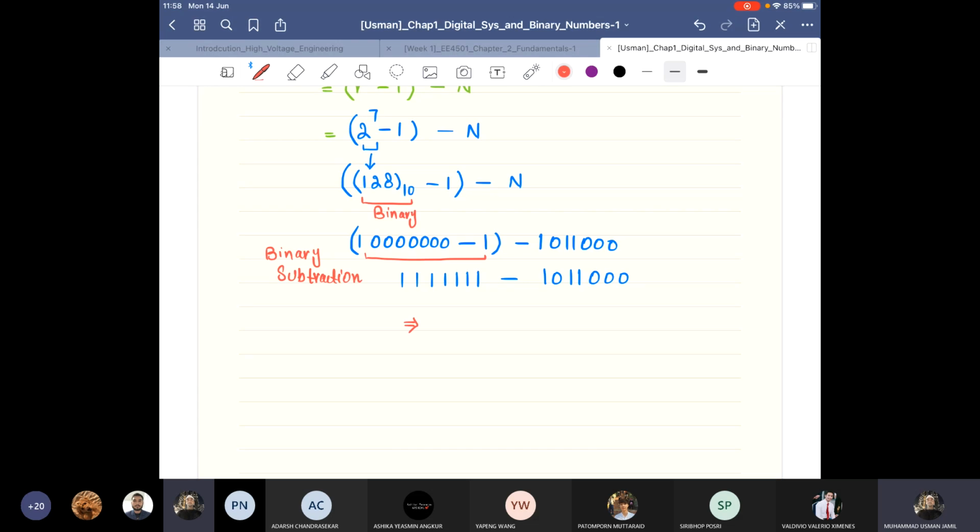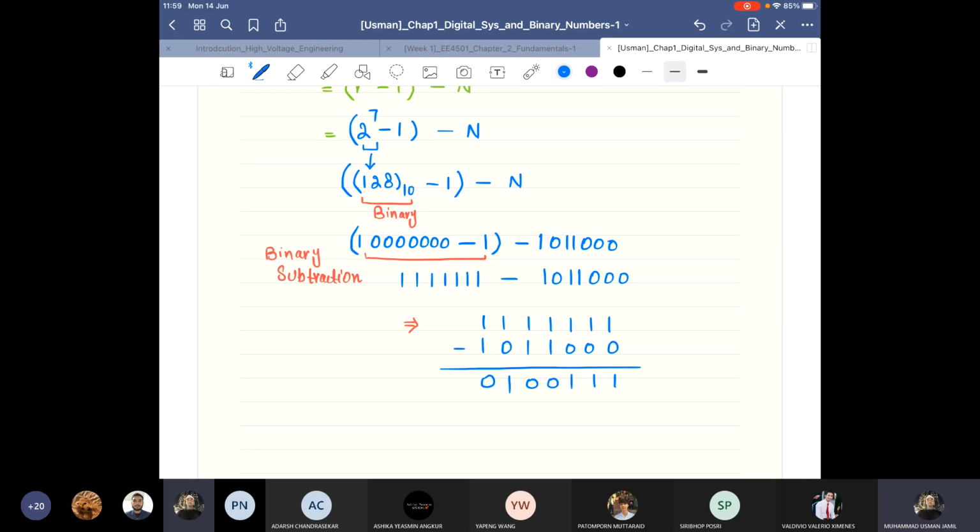so you will get now, maybe if you want I can solve for you this first one, but actually I don't want. 1 2 3 4 5 6 7, 0 0 0 1 1 0 1 subtraction. So 1 minus 0, 1 minus 0, 1 minus 0, then 1 1 0 1 1 0 1 and 0, right?